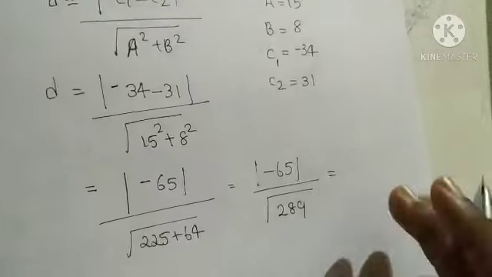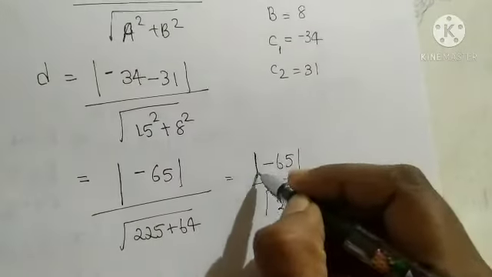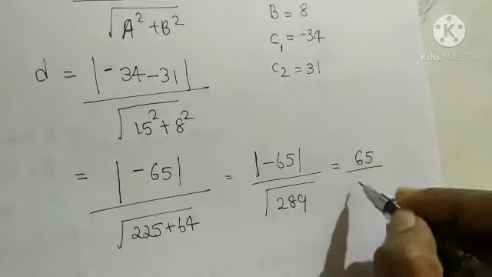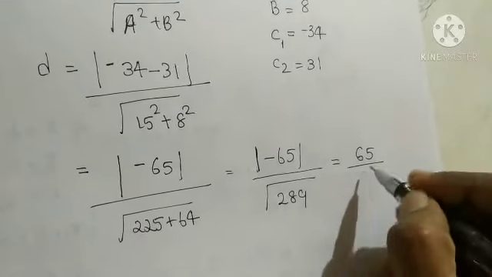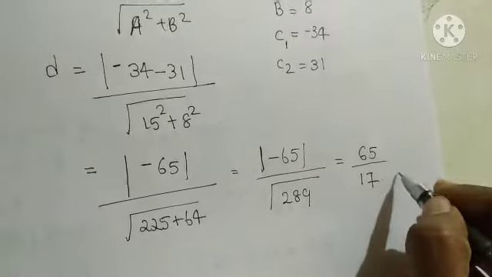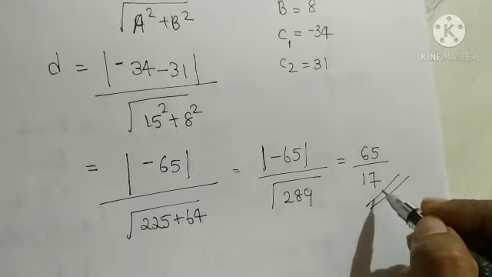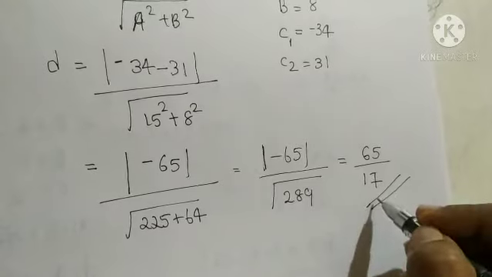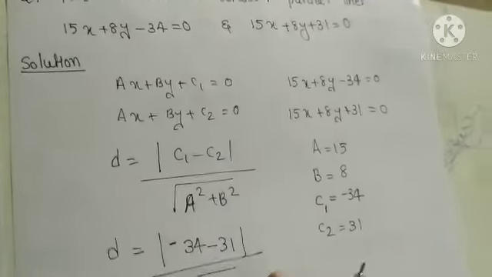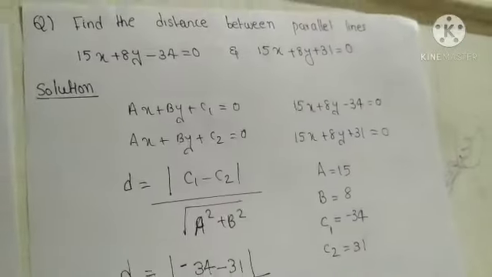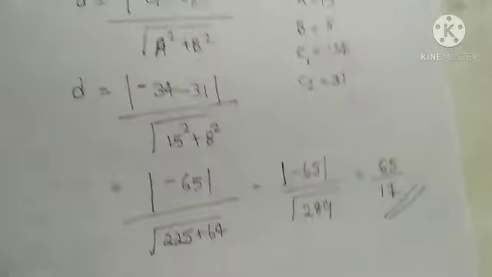And after taking this value outside this mod, it will become positive 65, and root of 289 is 17, and this is our final answer. Okay, this distance, 65 by 17, is the distance between these two parallel lines.